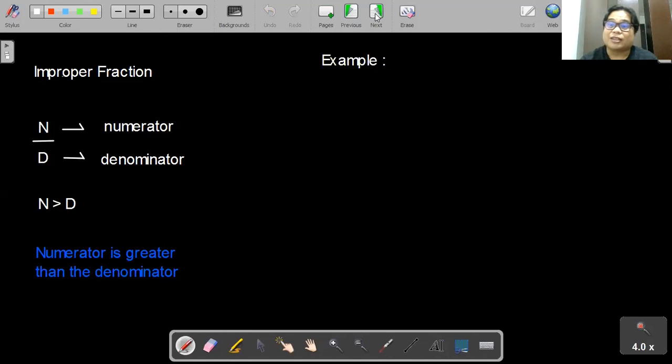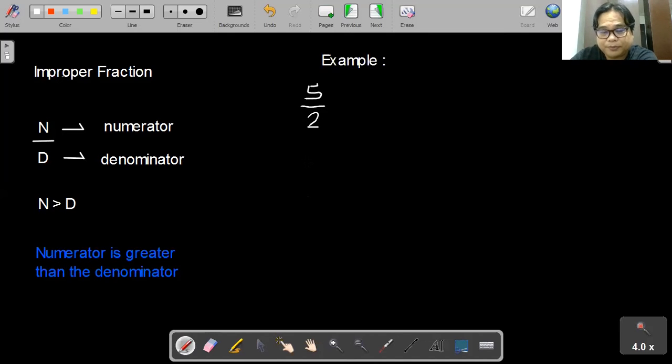Now that's improper fraction. Okay, it's the other way around. Example for that would be 5/2. As you can see, the number at the top, which is our numerator, is greater in value compared to the one at the bottom, which is the denominator.